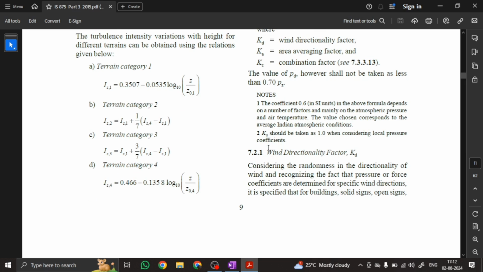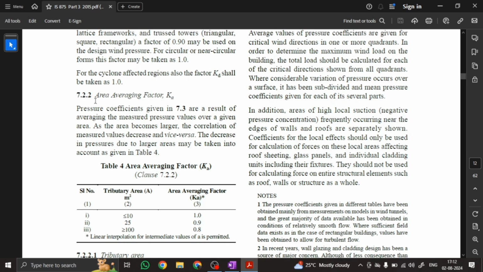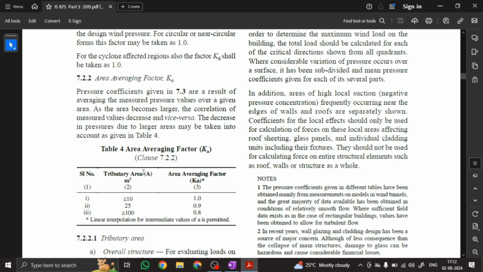Where is KA present? See here, this is the KA, and based on tributary area we will take these values. If we have less than 10 square meter tributary area, then we have to take 1. If we have 25, then 0.9, and if we have less than 100, then it's 0.8.